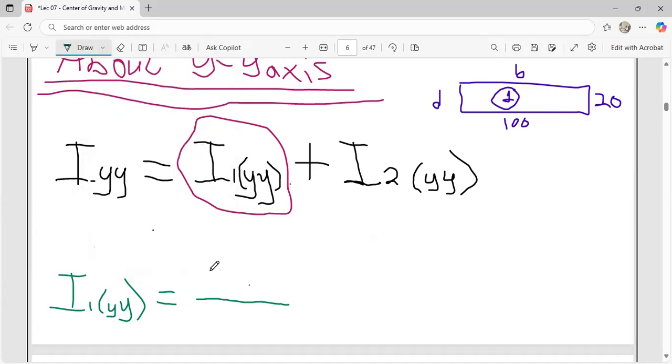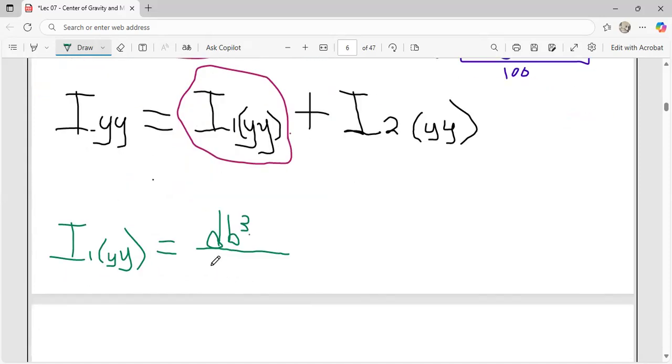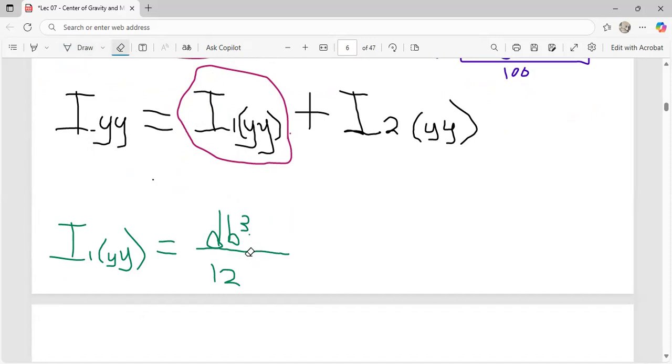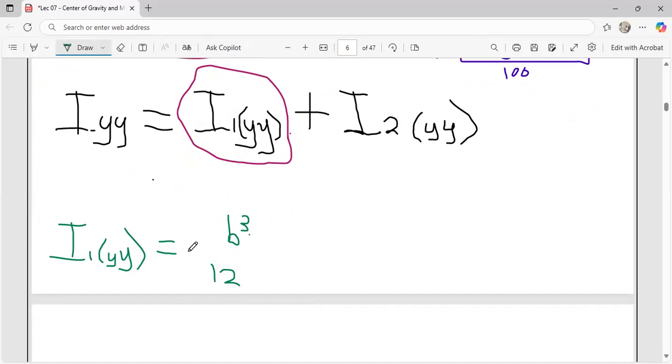So this time it's going to be DB cube all over 12 times the area. For the other ones, they still apply.